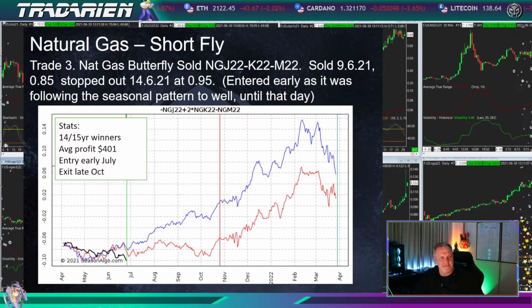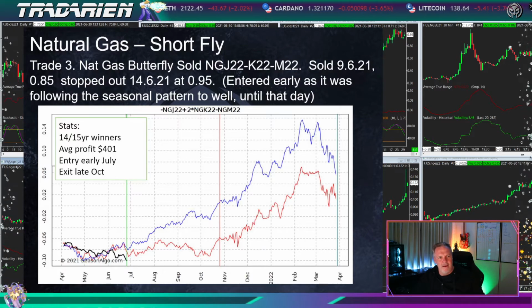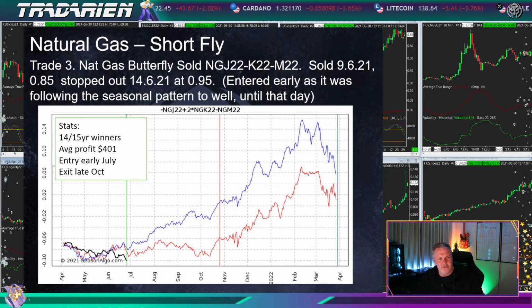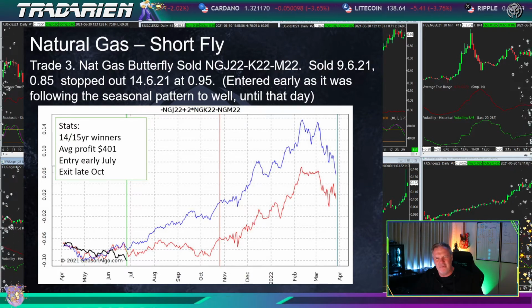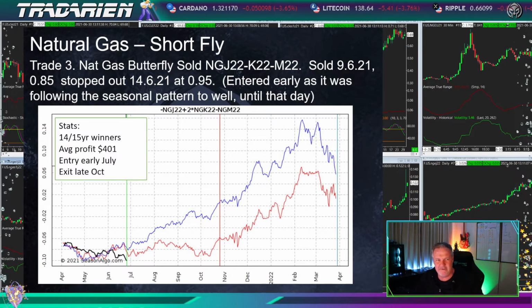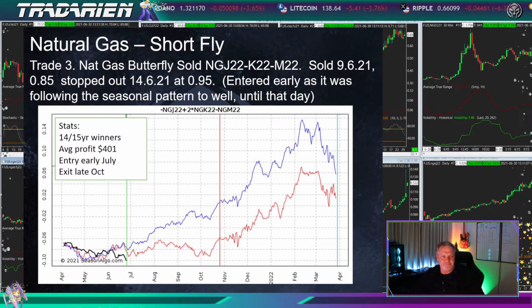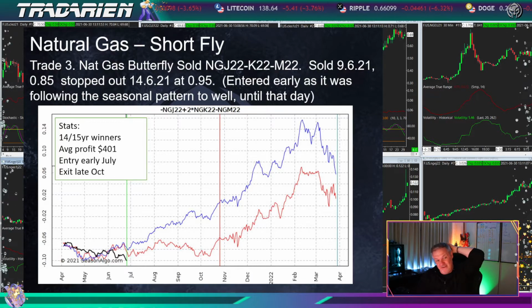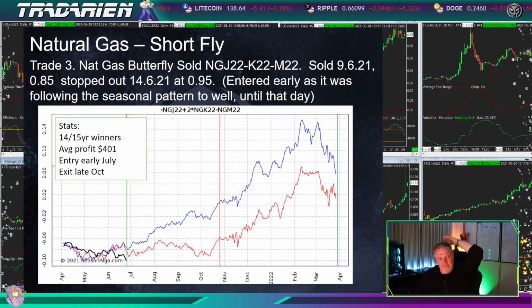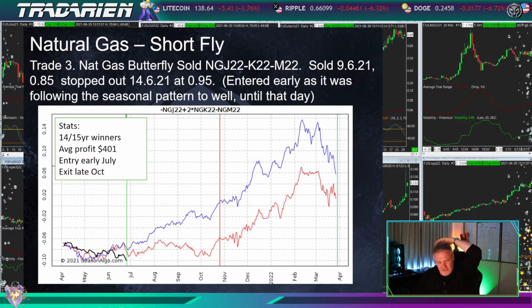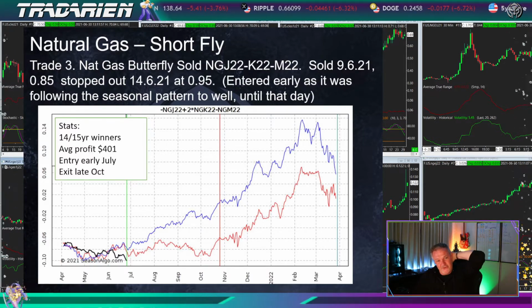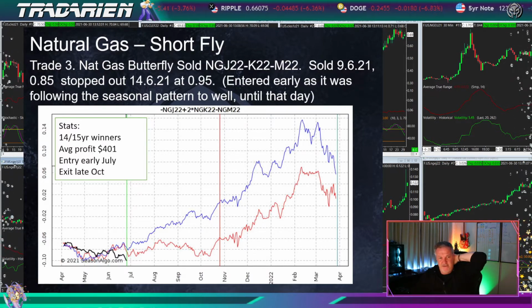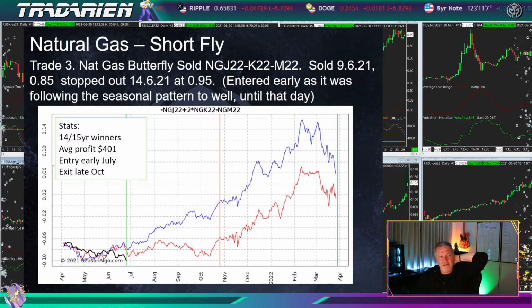There's a little upside in July, and there's potential downside in August and September if we were to rely specifically on that 5-year pattern. The 15-year pattern looks a whole lot better, and there's good profit potential over the 15-year pattern. So it's still something worth looking at.